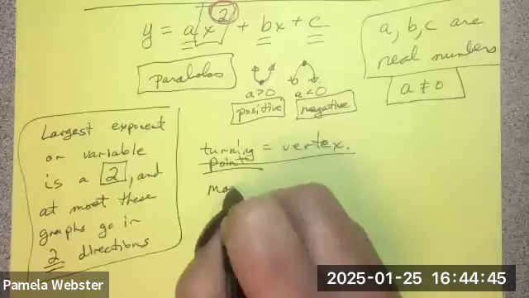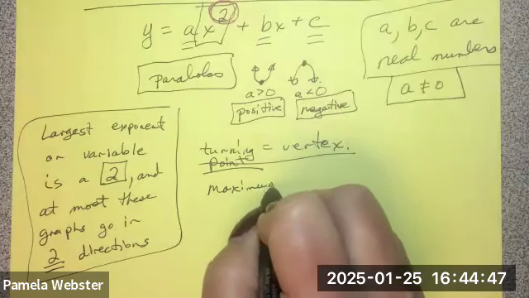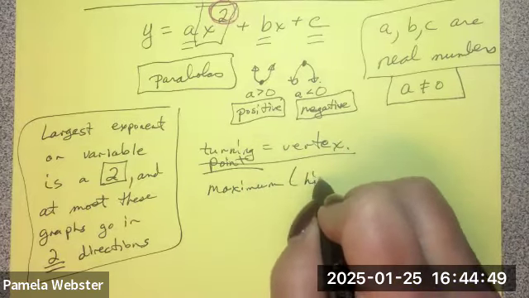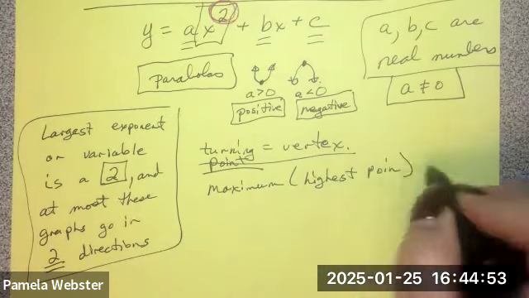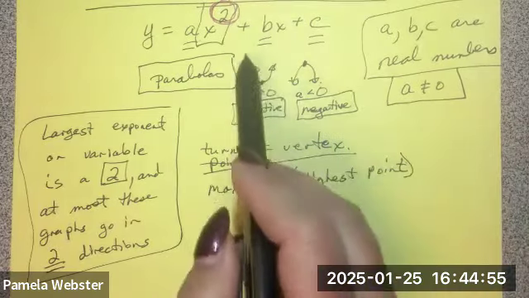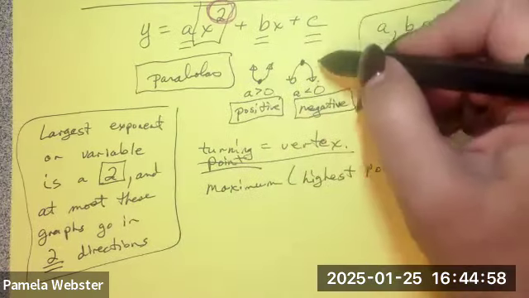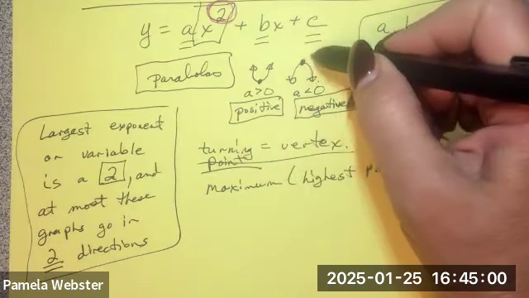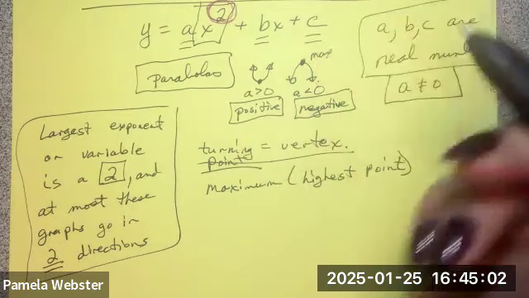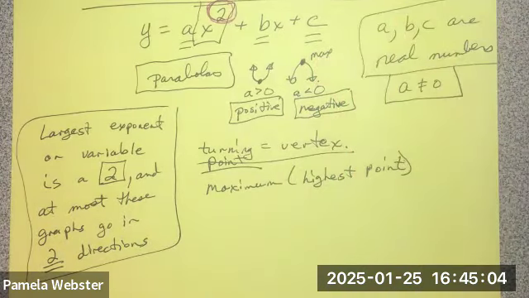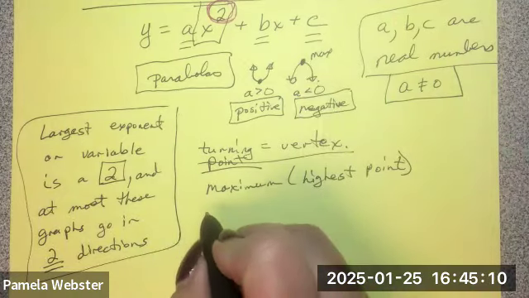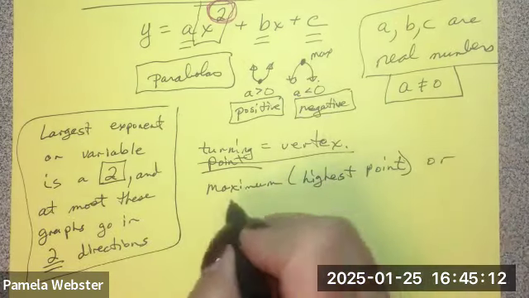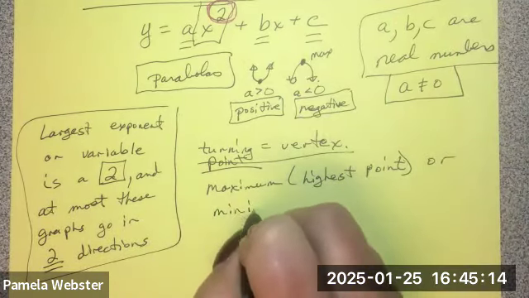The turning point equals the vertex, so it is either a maximum, which is the highest point. Out of these two, the one with the maximum is this one. The negative one has a max, for maximum. So it has a highest point; the turning point is its maximum point. Or it could have a minimum.